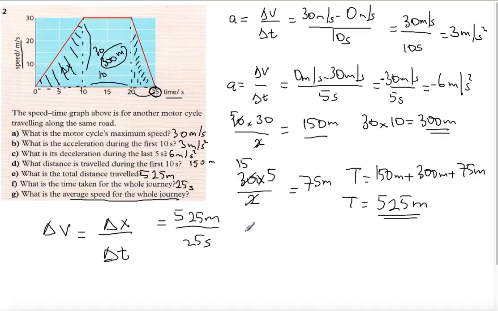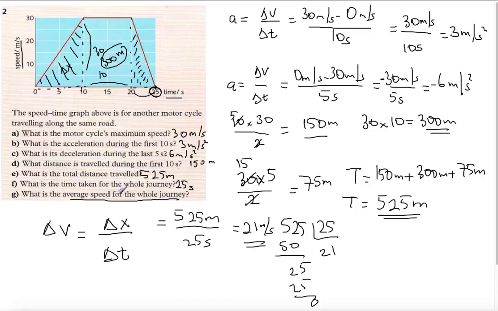Let us calculate it: 525 out of 25 is 21 meters per second. So the average speed for the whole journey is 21 meters per second.